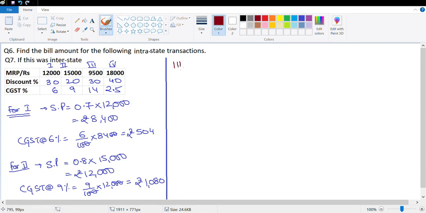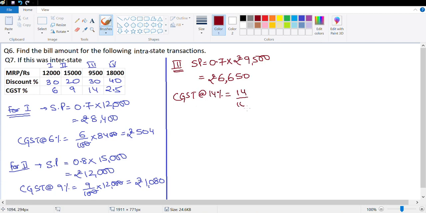Okay, let's look at product 3. For 3, our SP will be equal to 30% discount, which means 70% of rupees 9,500. So that's 665, so this is rupees 6,650. And we have CGST at the rate of 14%, which means 14 upon 100 into 6650.